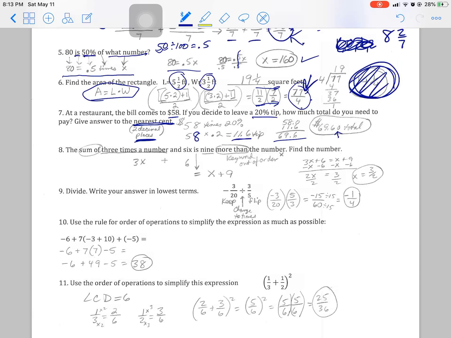Okay, translate. The sum of 3 times a number and 6. So 3 times a number is 3x, and is the plus. 6 is 9 more than, less than, from are keywords that mean the terms are out of order.